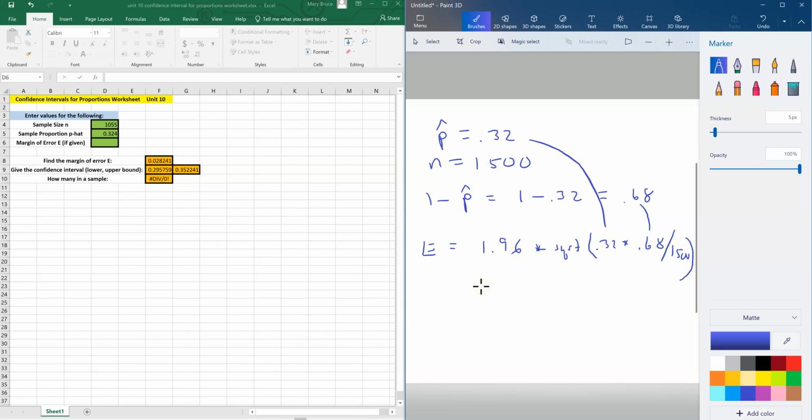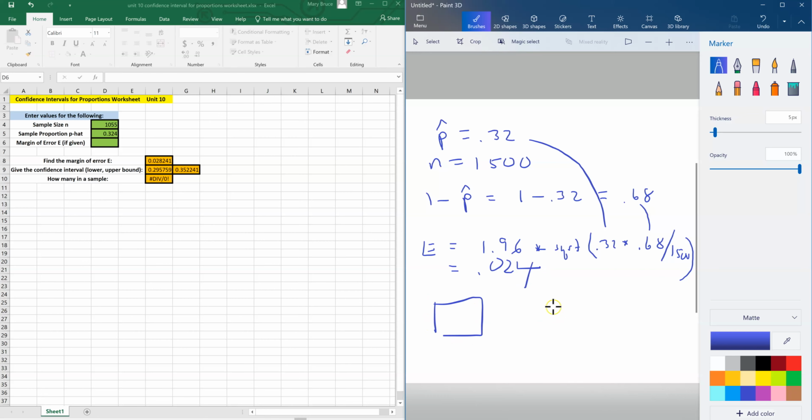Close that off and put this in the calculator. So 1.96 times the square root of 0.32 times 0.68 divided by 1,500. When I do this by hand, I get a margin of error of about 0.024 if I round it to 3 decimal places.